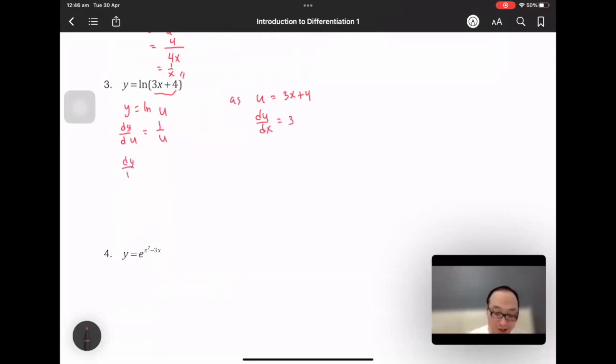So dy over dx will be dy over du times du over dx, equals 1 over u times 3, equals 3 over 3x plus 1.